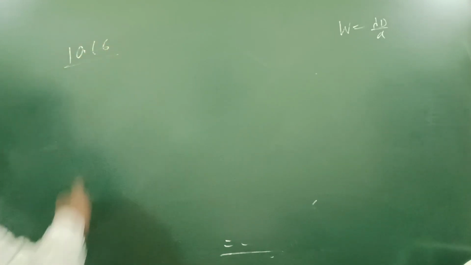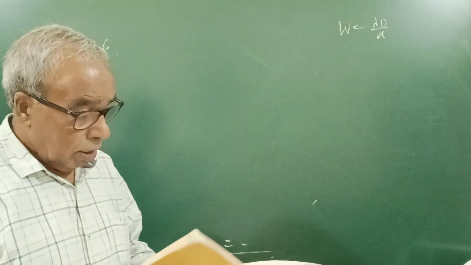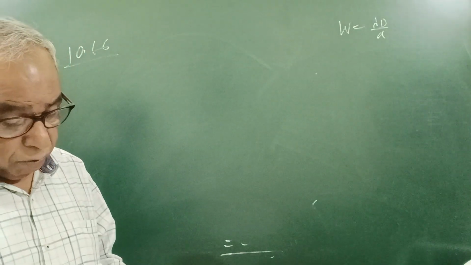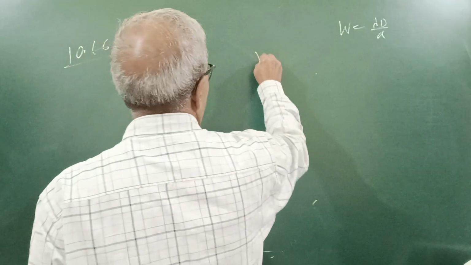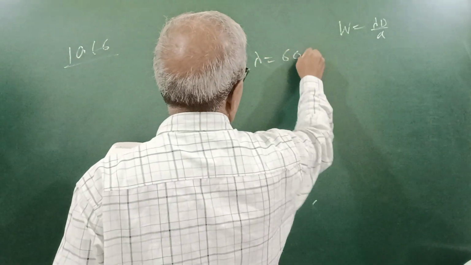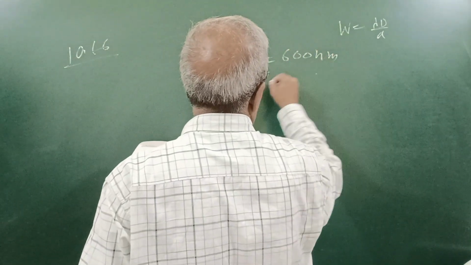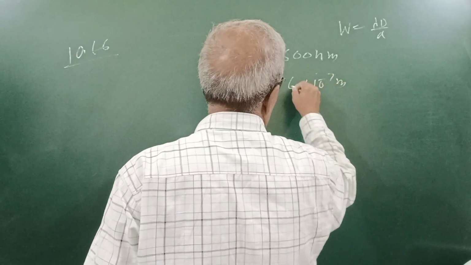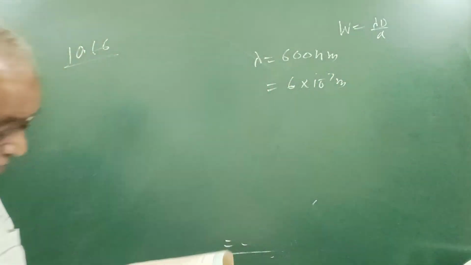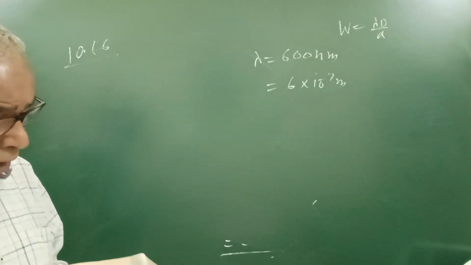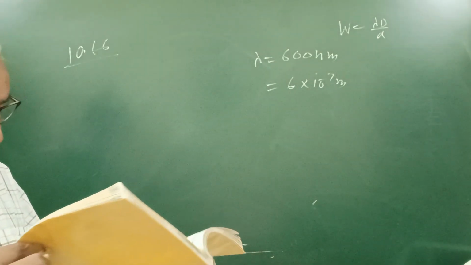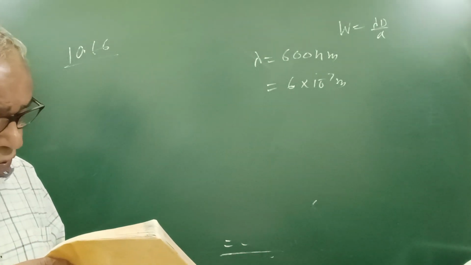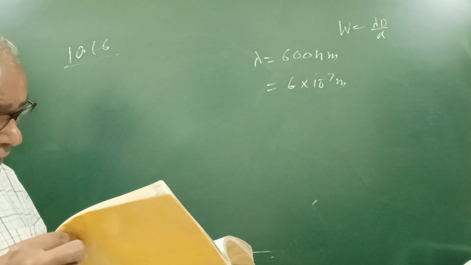व्हाट इज ट्रबल देयर? कुछ है कुछ नहीं. In double slit experiment using light of wavelength 600 nanometer. ये 600 मिलता है आपके पास, यानी कि या कह लो 6 × 10⁻⁷ मीटर. The angular width of the fringe obtained at distance screen 0.1 degree.